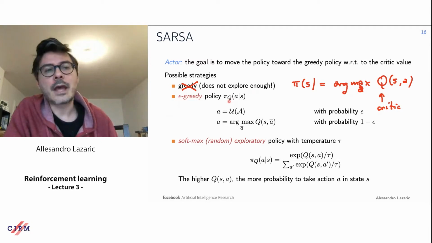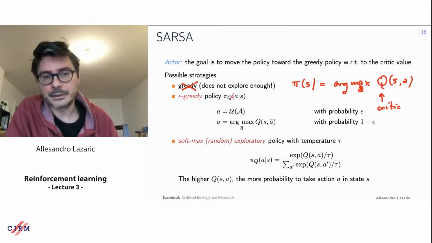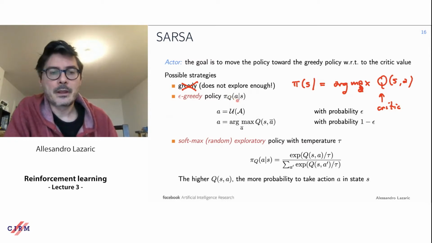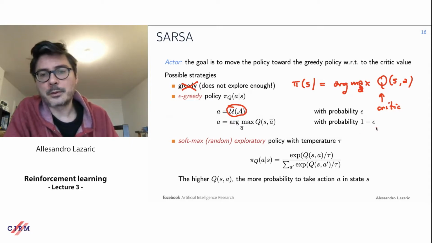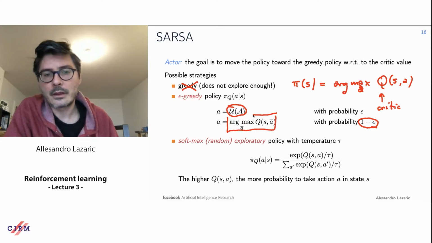So we say that the actor will be a stochastic policy grounded in Q, in the current critic estimate, where with probability epsilon, I will just take an action at random in the action set. And with probability 1 minus epsilon, I will be taking the greedy action, so the one which indeed maximizes the current critic evaluation.